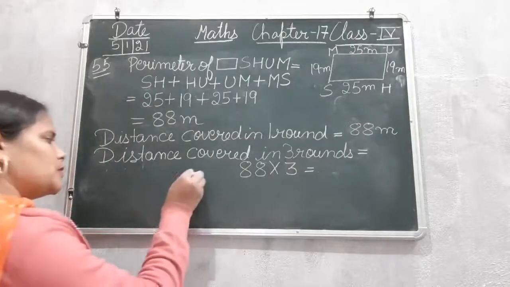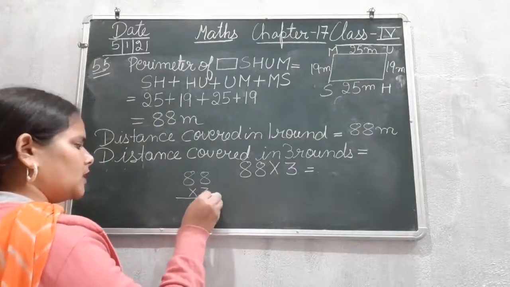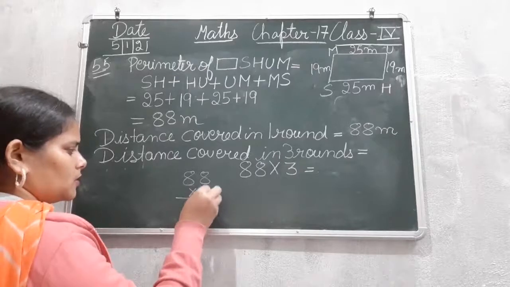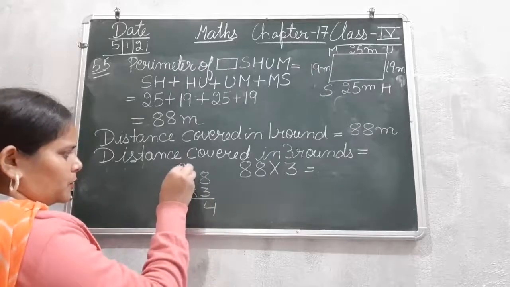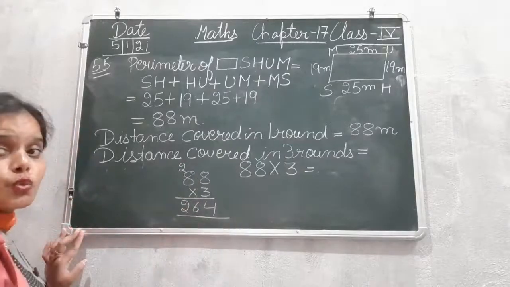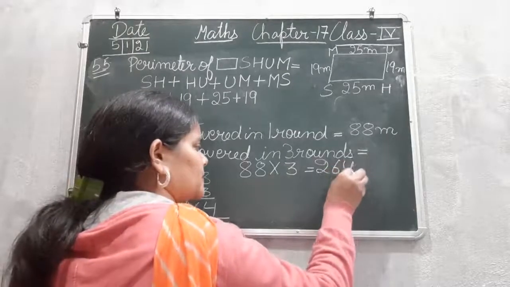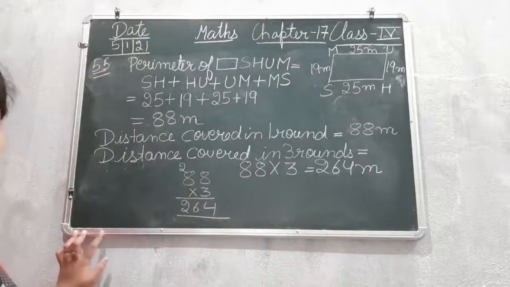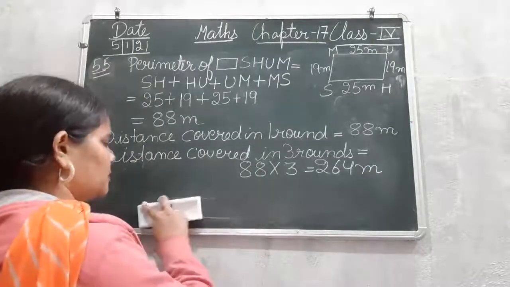Okay. 3 8s are 24, 3 8s are 24 plus 2, that is 26, that is 264. So 264 मीटर. तो देखिए the measurements जो sides के मीटर में दिए हैं, so we will find the answer also in the meter only.